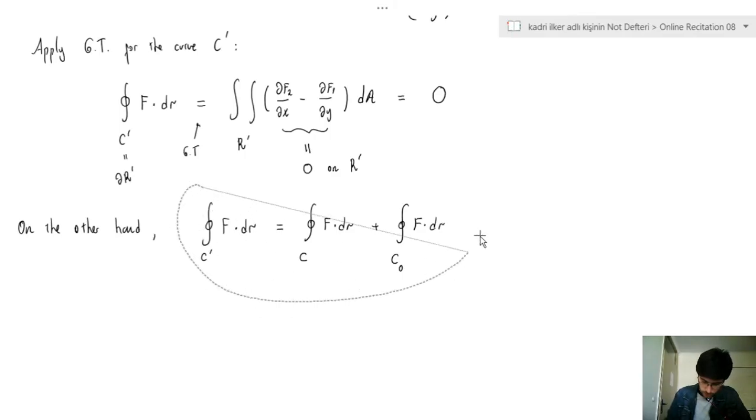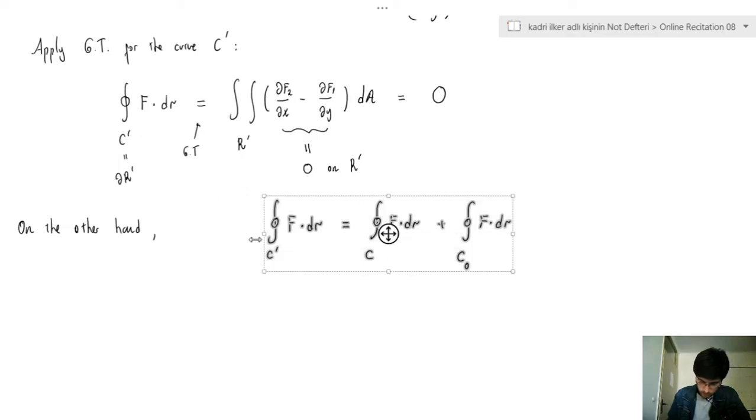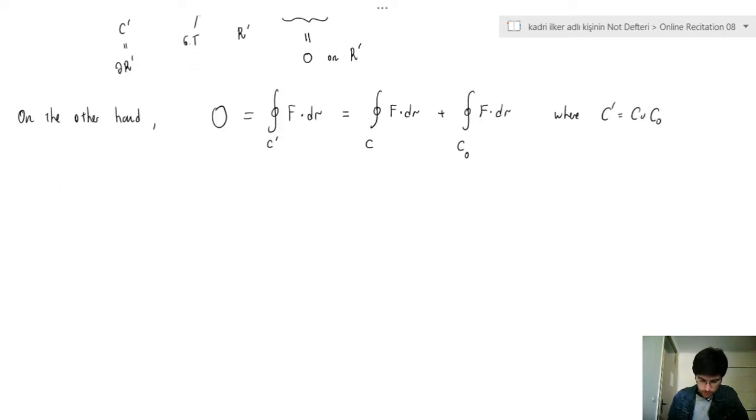So this part is 0 because of the line above, where C prime is defined like this. Therefore, since this is 0, the original integral we are looking for is just the minus of this line integral.